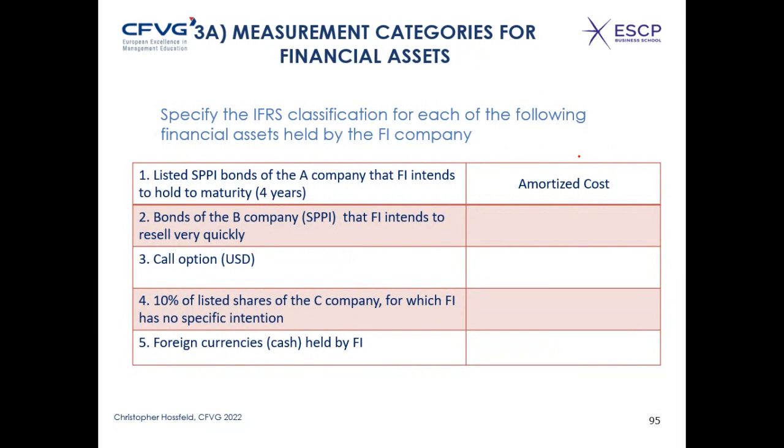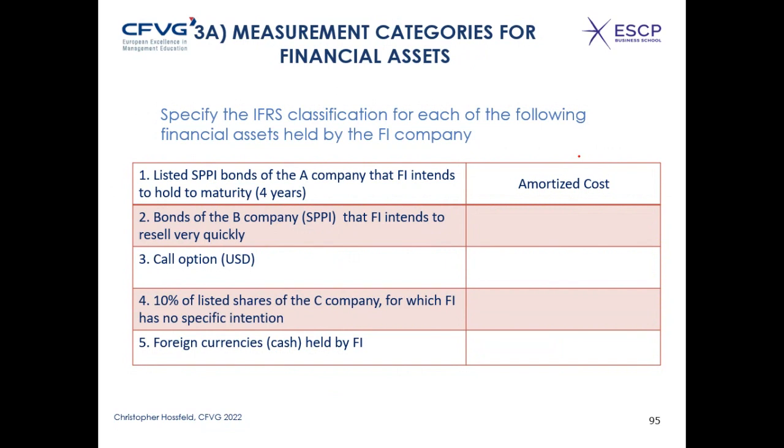Then we have the second one, still a bond of the B company, SPPI, that the company intends to resell very quickly. So it's an SPPI bond, all right? That means I need to check the business model. But here the business model is not to hold to maturity or to collect the contractual cash flows. The business model is not collect cash flows or sell.